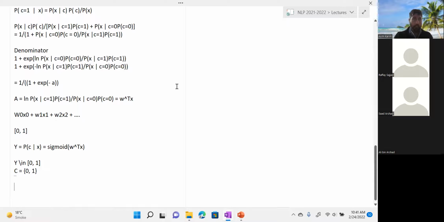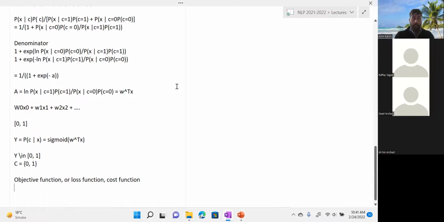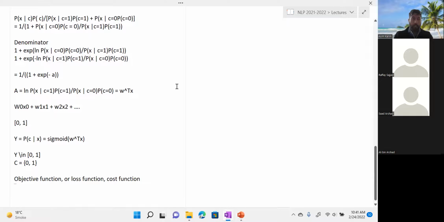We have to formulate an optimization problem and define an objective function. That is called an objective function, or loss function in the context of machine learning. You typically call it a loss function. You can also call it a cost function. For the binary classification problem, the most popular loss function is what is known as the cross entropy.